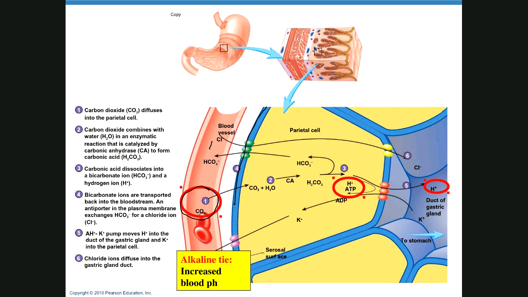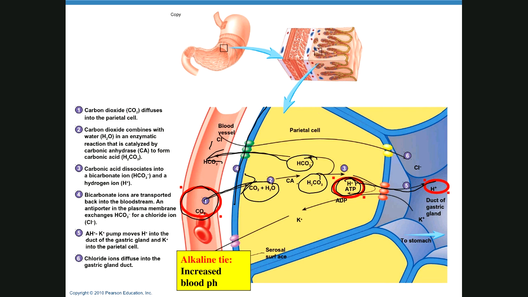So that one will be taken up by these parietal cells, combined with water via the actions of carbonic anhydrase, and will be converted to carbonic acid. Remember, this is the same thing we saw yesterday in the lungs and how CO2 was transported. Carbonic acid dissociates into hydrogen ions, which are going to be pumped into the lumen, and the bicarbonate ions are going to be put into the blood.